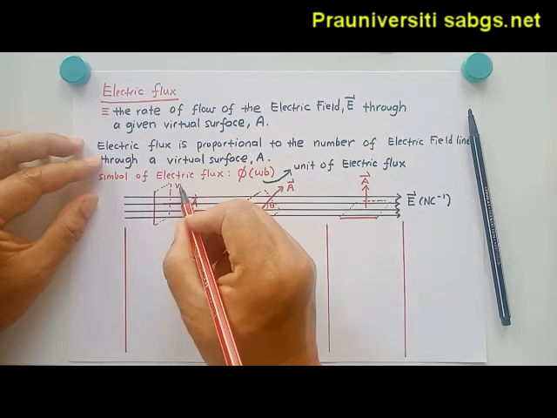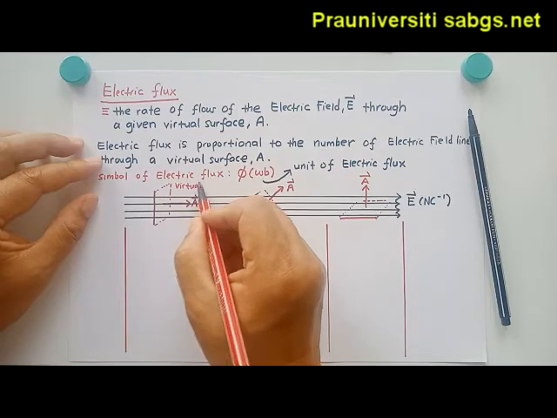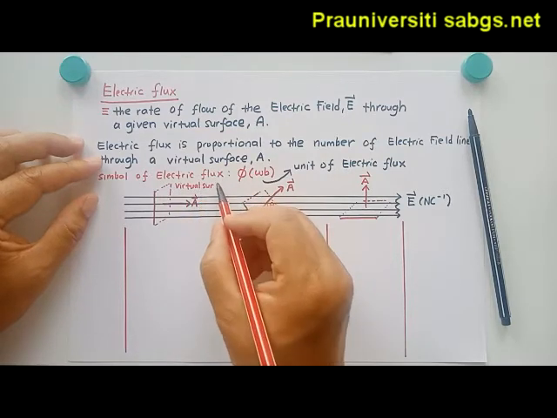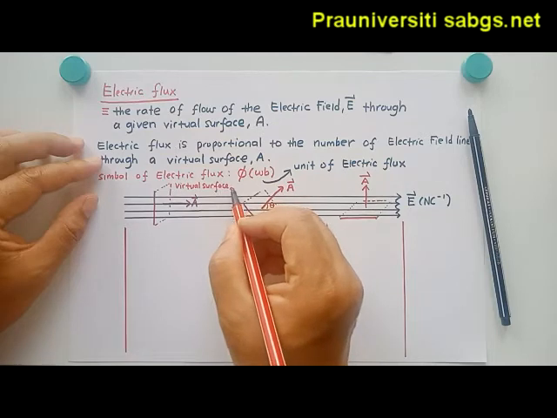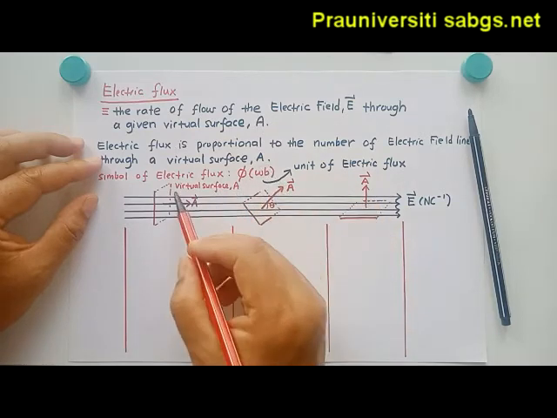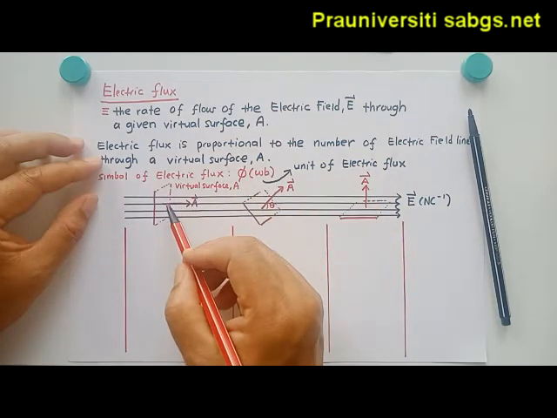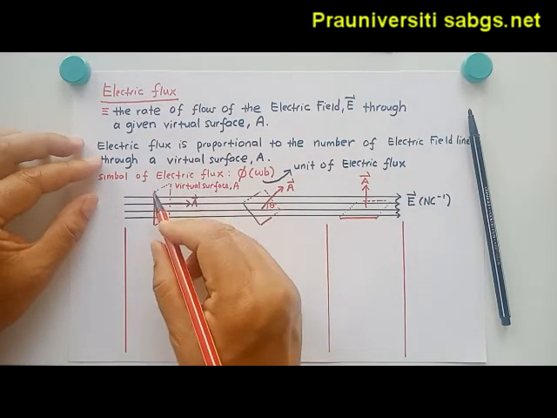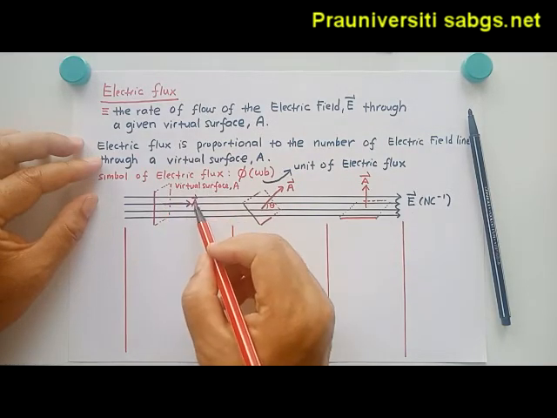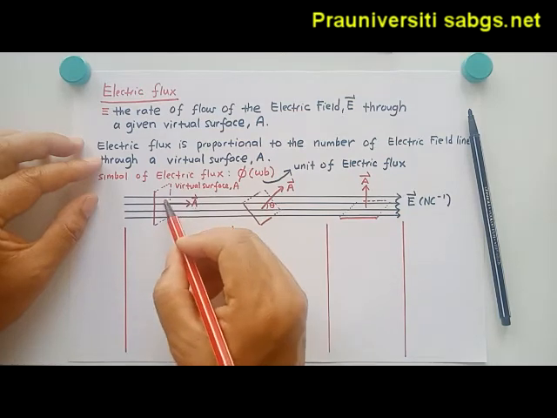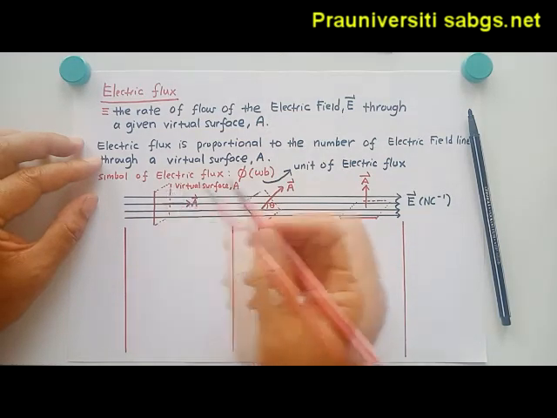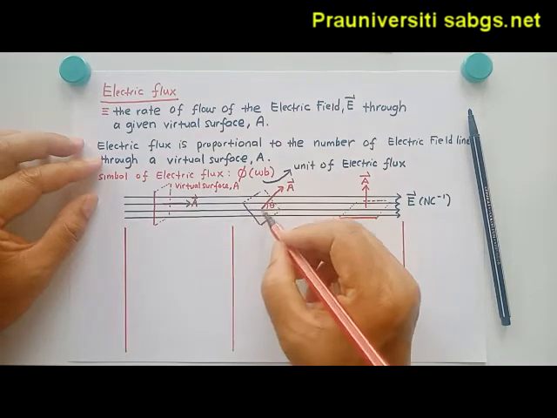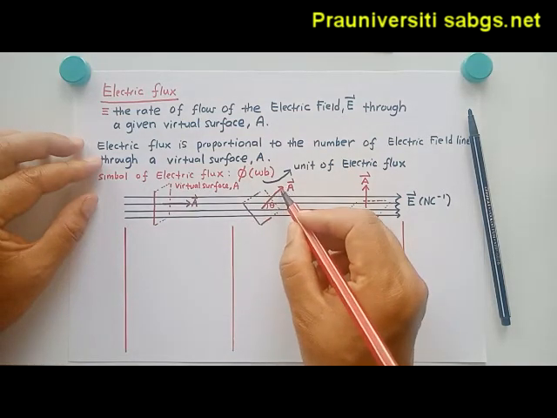So this virtual surface, the vector of the virtual surface must be 90 degrees with the surface. That's why the direction of A is here, because it is 90 degrees with the virtual surface. And for this surface, the vector of A is up here.